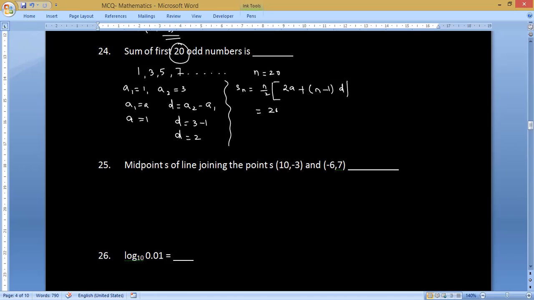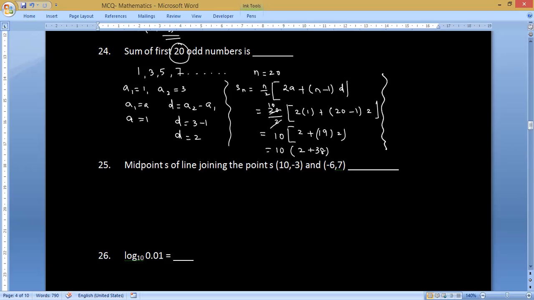So S20 is equal to 20 by 2 times (2 into 1, plus (20 minus 1) into 2). I can cancel: 2 tens are 10. Then 2 ones are 2, 20 minus 1 is 19, 19 into 2 is 38.